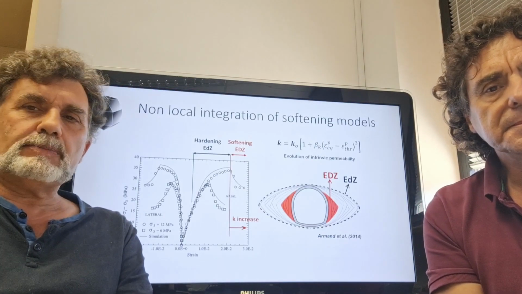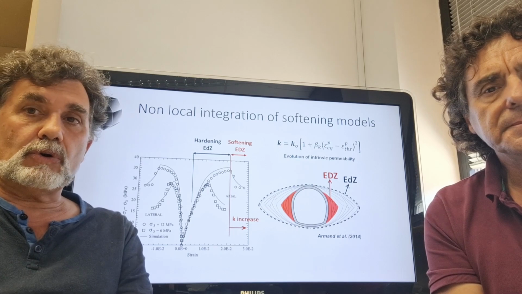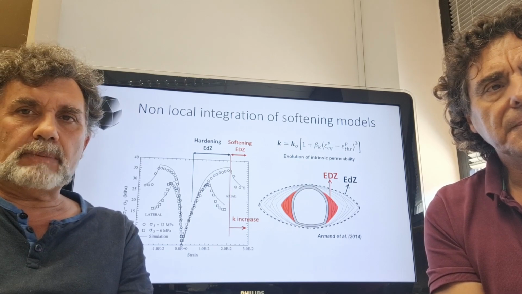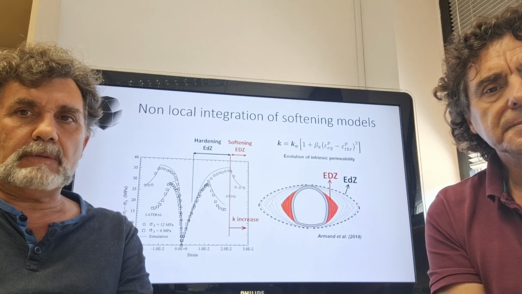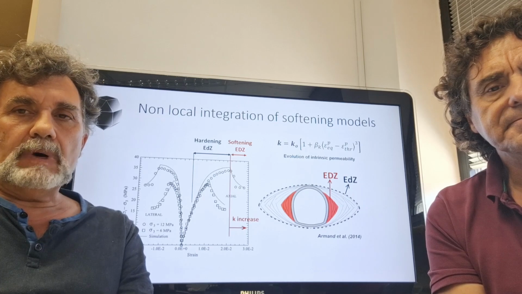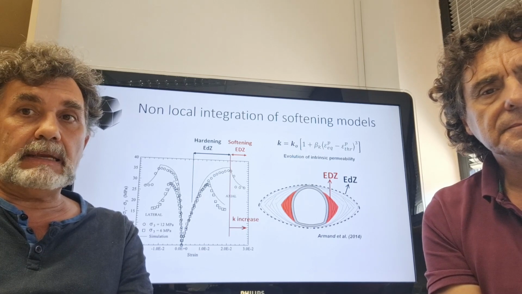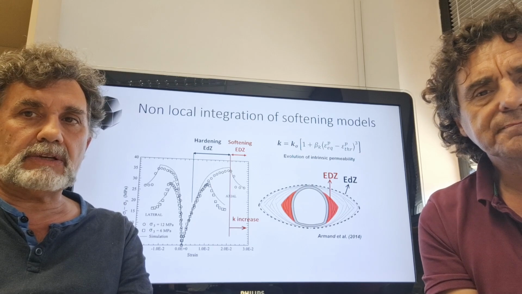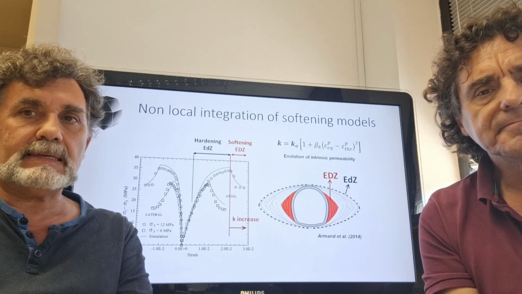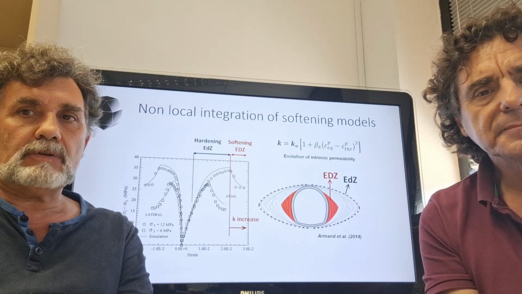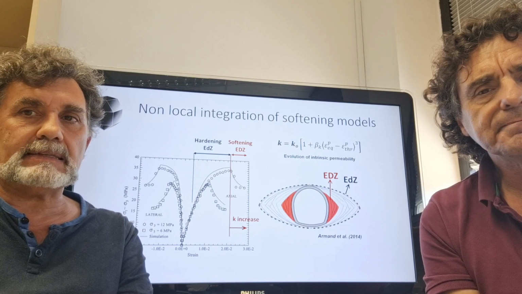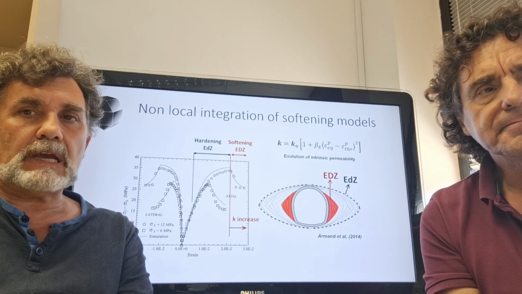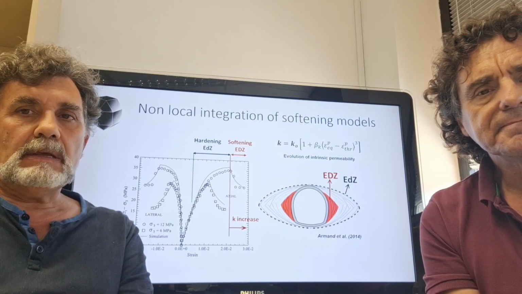Another aspect is the implementation in the code of a procedure to capture strain localization during material softening. One application is the modeling of the so-called fractured zone around excavations in deep repositories, because this zone may be the preferential seat for gas and water flow that will carry contaminants.